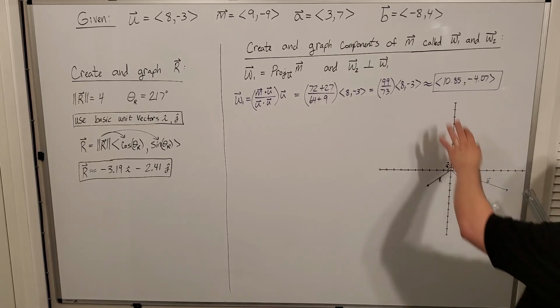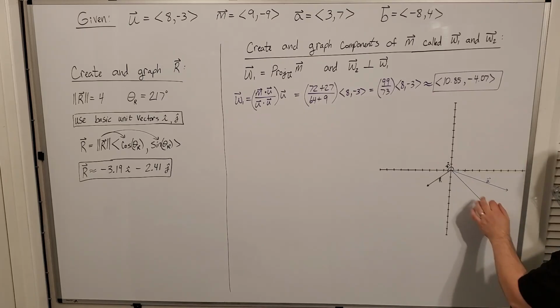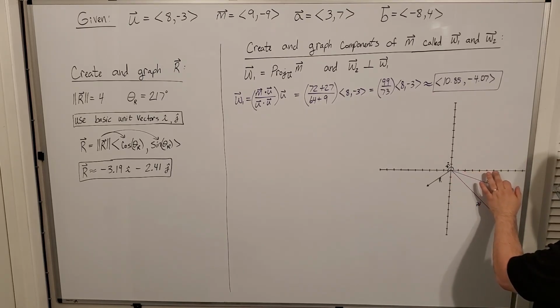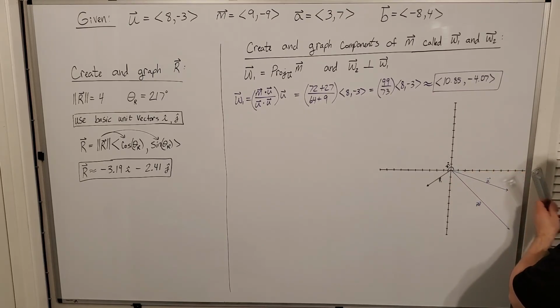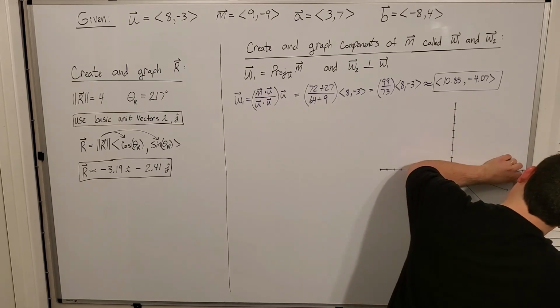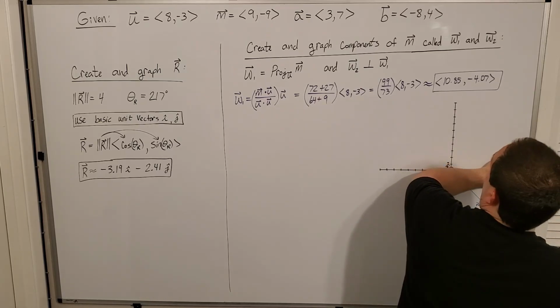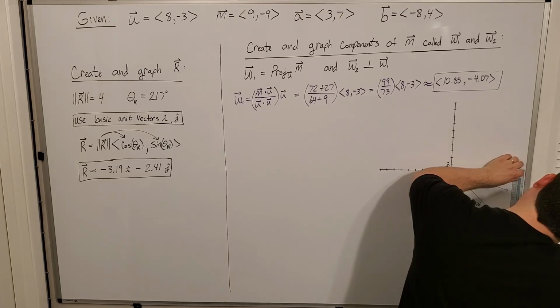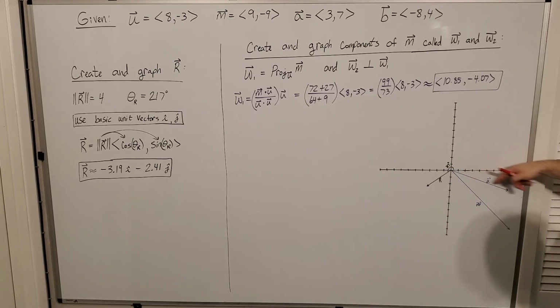So if I were to actually graph the 10.85, 1, 2, 3, 4, 5, 6, 7, 8, 9, 10, oh yeah, it's like way over here. Then I have to go down from there 4, just a little bit over 4. See, that seems like about right.